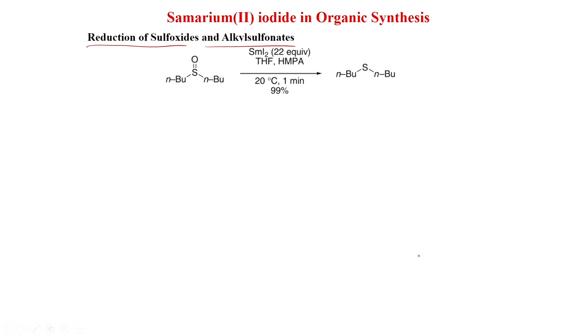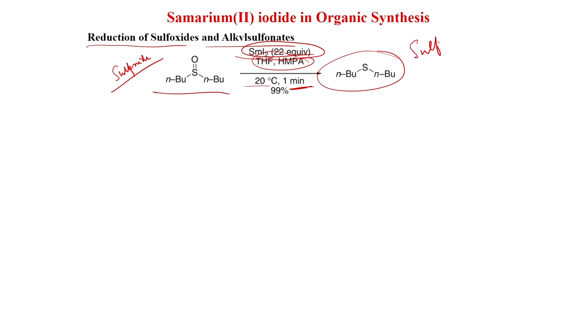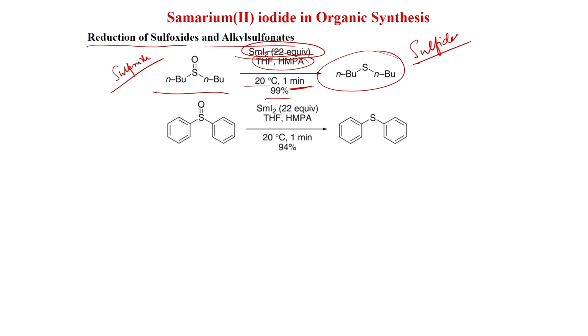So, this is sulfoxide, like here this is alkyl sulfoxide, 2 n-butyl groups are there, and with samarium iodide here you need excess, 22 equivalent. THF HMPA condition, 20 degree centigrade temperature, just 1 minute you get this sulfide in 99% yield. Also an aromatic group.